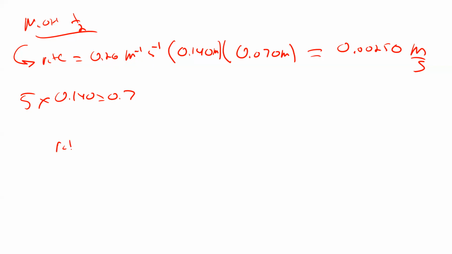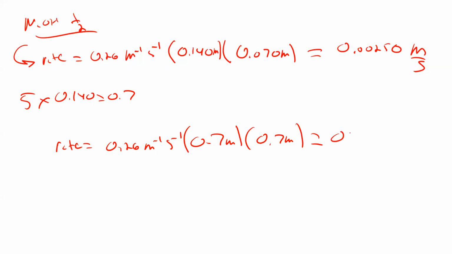So we have the rate equals 0.26 per molar per second times 0.7 molar, which equals 0.13 moles per second. So here's your 5x. Here's your sodium hydroxide halved, and that's this. And then you have the other one.